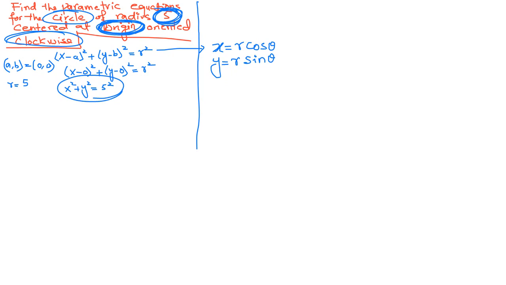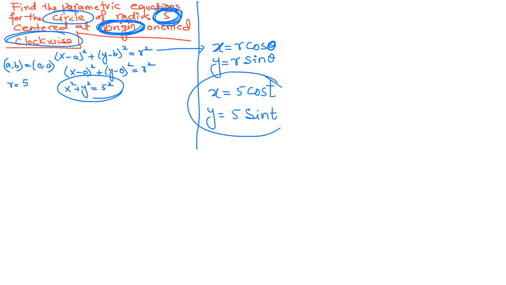For parametric equations we represent the angle with parameter t. R is the radius, so the equations become x is equal to 5 cosine of t and y is equal to 5 sine of t. So these are the two parametric equations.